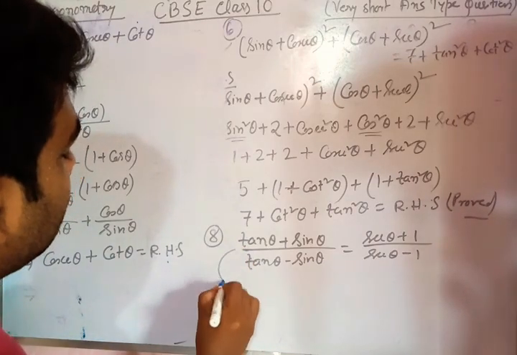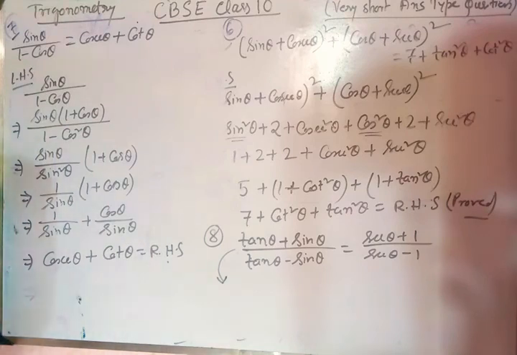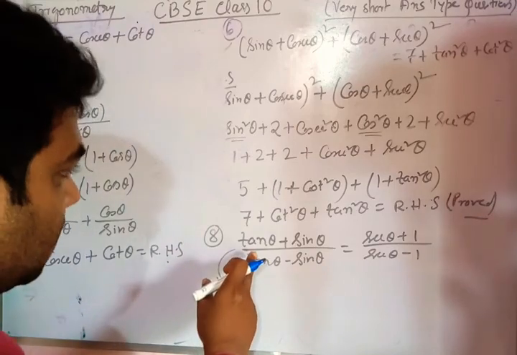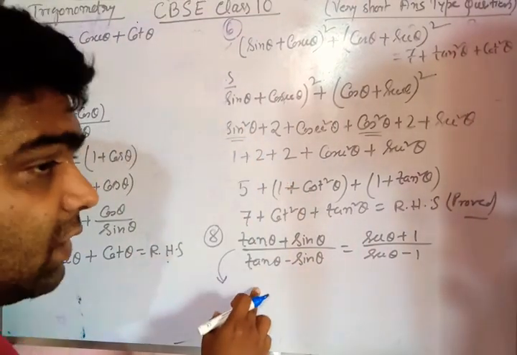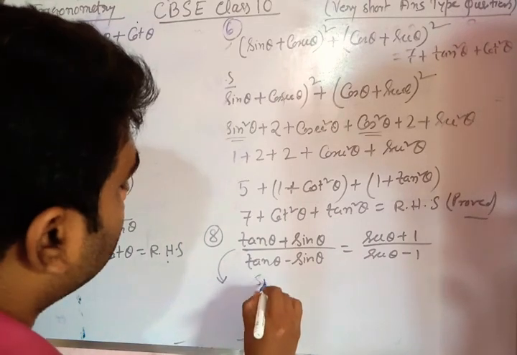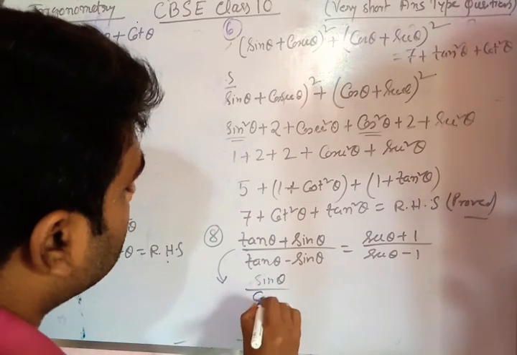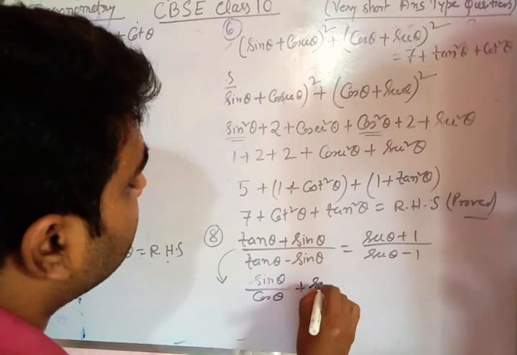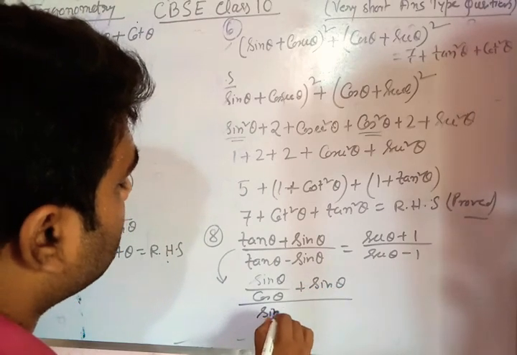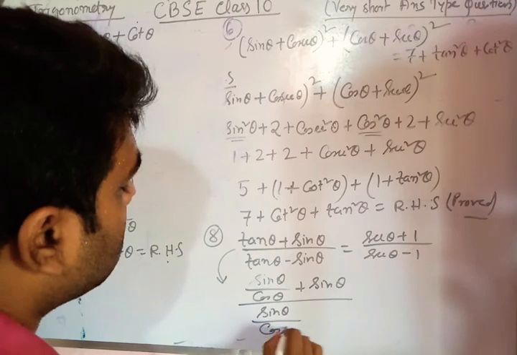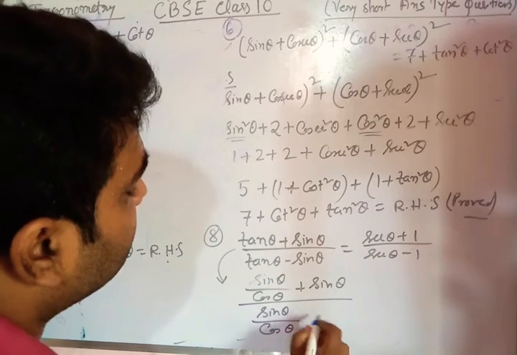Now tan theta means sin theta by cos theta. So sin theta by cos theta plus sin theta, by this is also sin theta by cos theta minus sin theta.